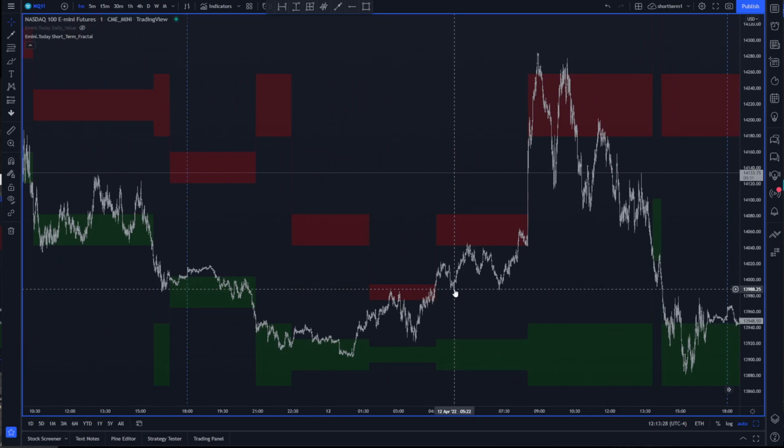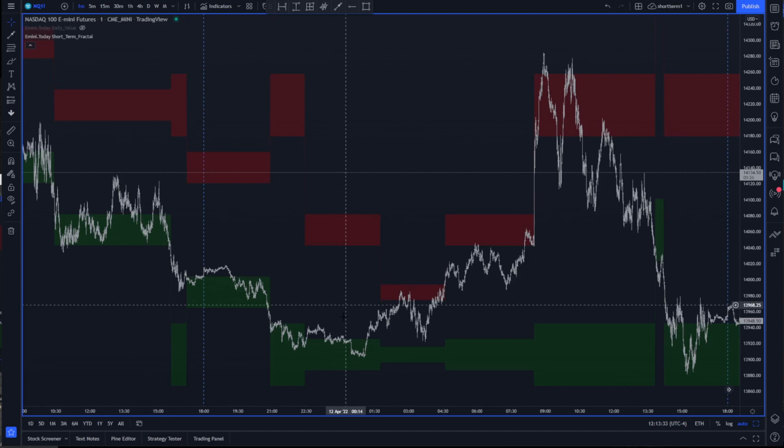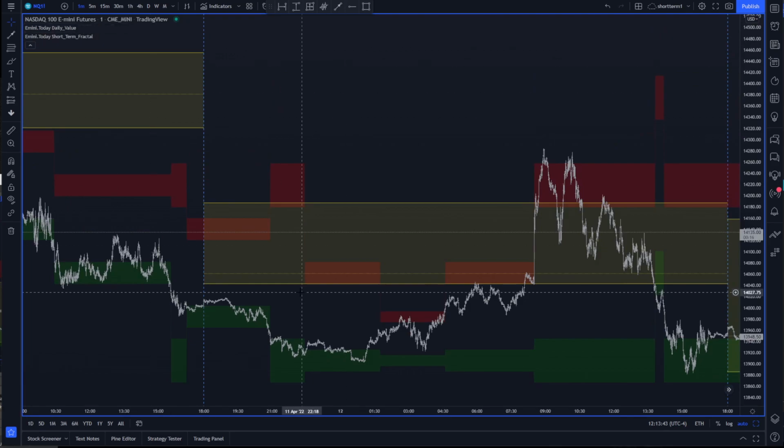But let's get back to the strategy. So the first thing you want to see when the price is getting back to the value area, let's see again, where's the value area, right? So we have a value area here, in this range. So the first thing you want to see is a fractal, this large red box, because we're going to short the market.